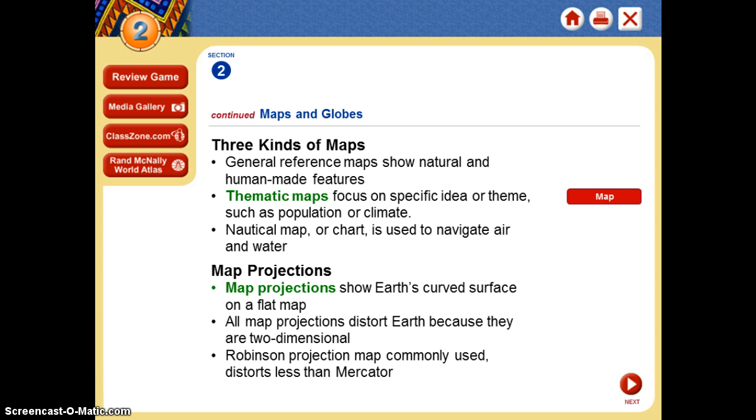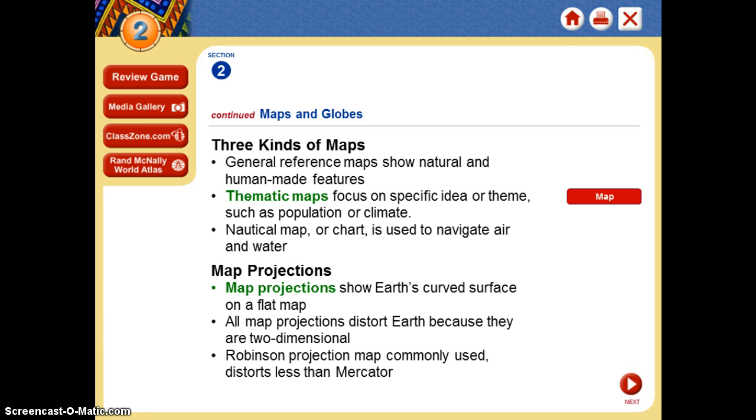Continents appear maybe larger or smaller than really they should on a map. And that's because you're taking a three-dimensional object, the Earth, and trying to represent it on two-dimensional space, the paper. So there's going to be some distortion in that.